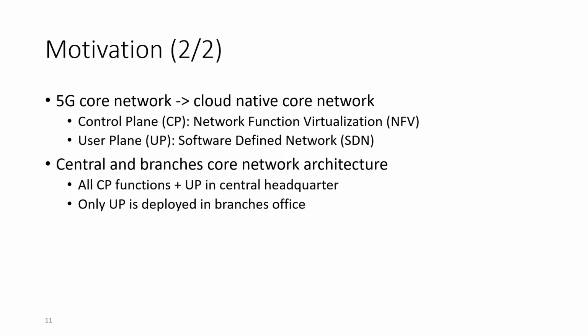In a scenario with a central office and branch offices, the core network can deploy the control plane in the headquarters and put the user plane in the branch offices. So our purpose is to implement a vertical-application-based 5G core network.